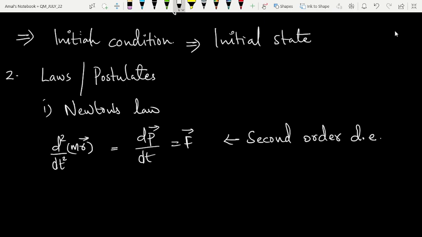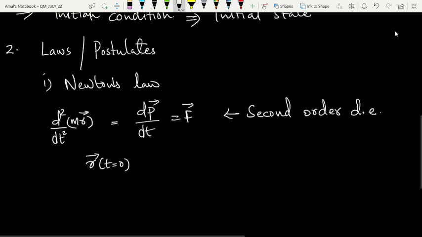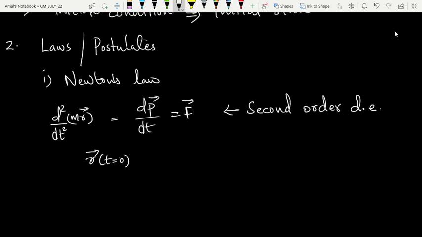So in order to solve a second order differential equation, we need two initial conditions, which are r of t equal to 0, which is the position at time t equal to 0, and r dot at time t equal to 0, which is the velocity at time equal to 0.